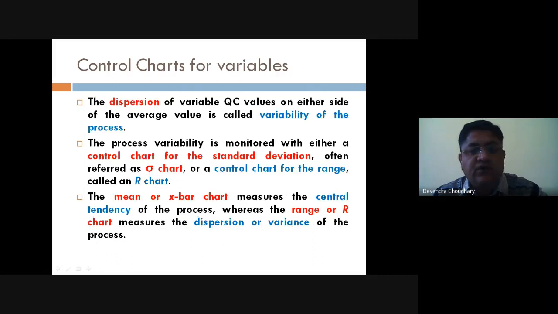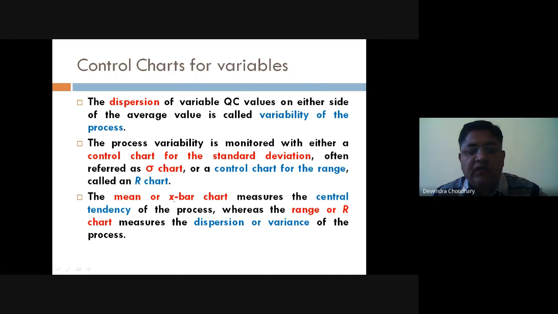The dispersion of quality characteristic values on either side of the average value is called variability of the process. The process variability is monitored with either a control chart for the standard deviation, called sigma chart, or a control chart for the range, called an R chart.